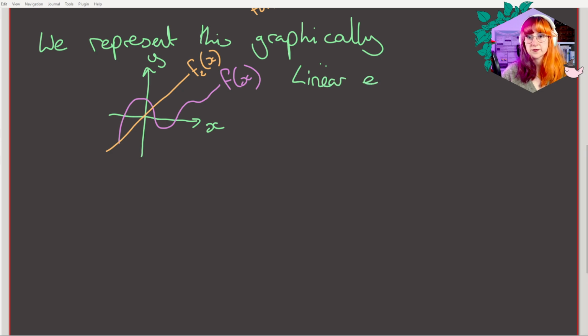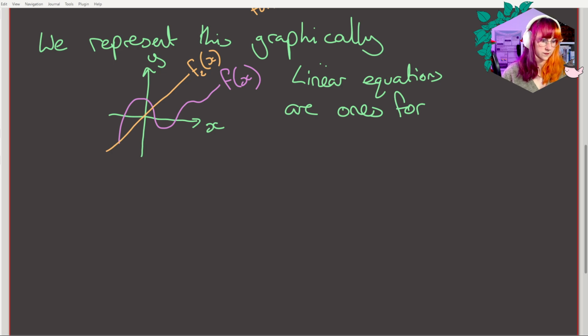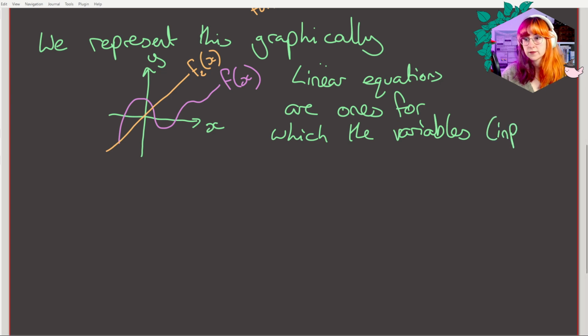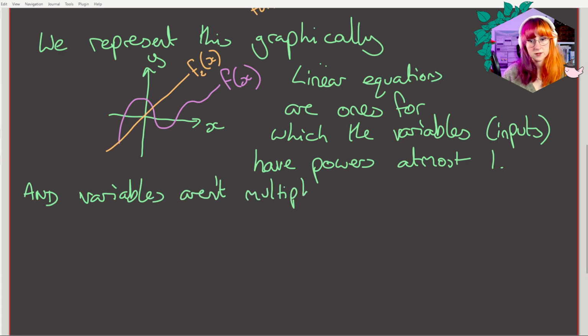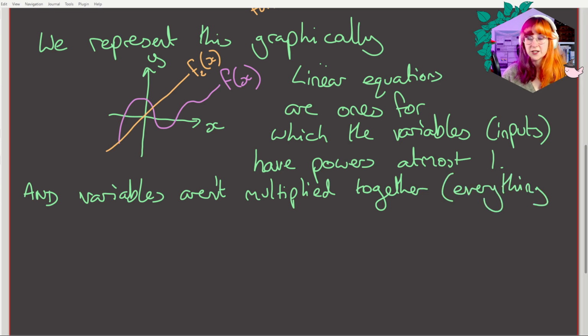Linear equations are ones for which the variables have powers at most 1, and here I'm using variables as inputs, and variables are not multiplied together. So that means that everything has a linear relationship.